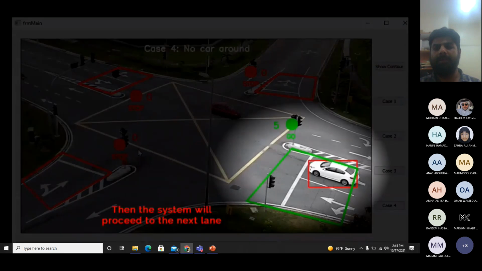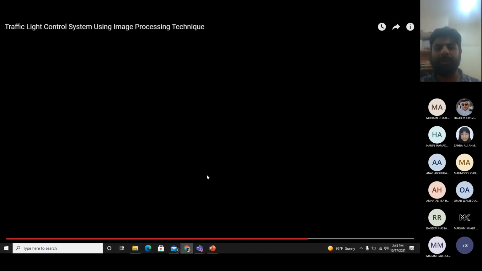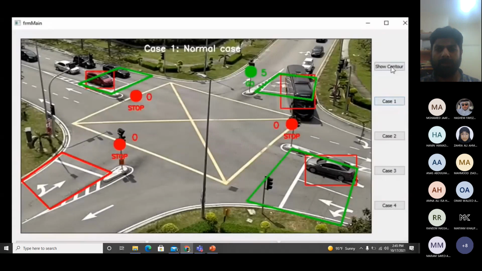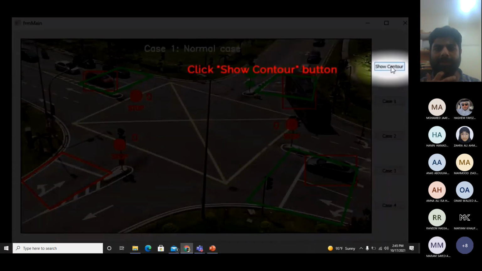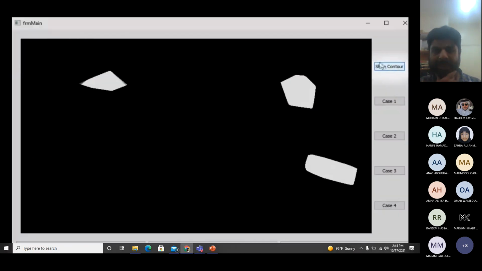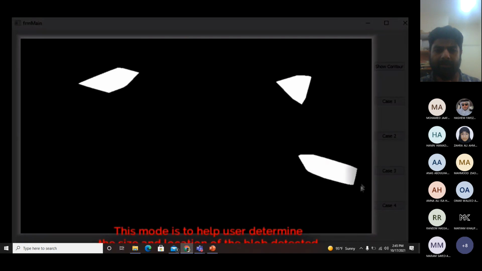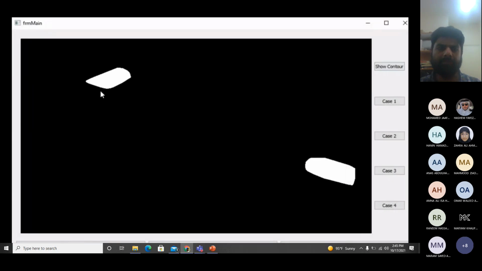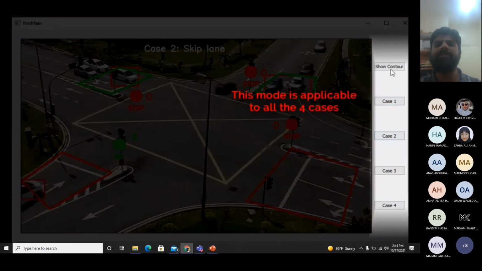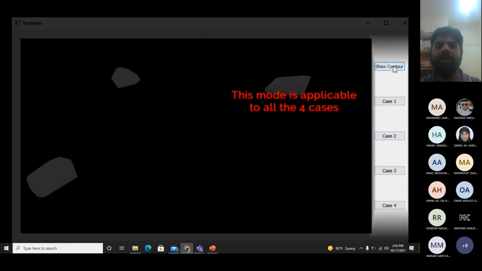And then the last thing is showing the contour. You have the show contour button on the right hand side again, and the contour basically shows the size and location of a particular vehicle, the vehicle which is moving through the intersection, what is its size and in what pattern it is moving.